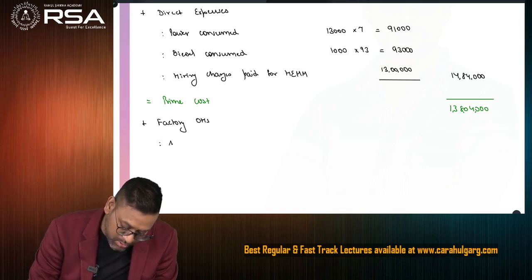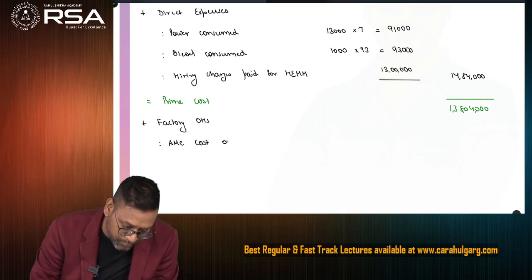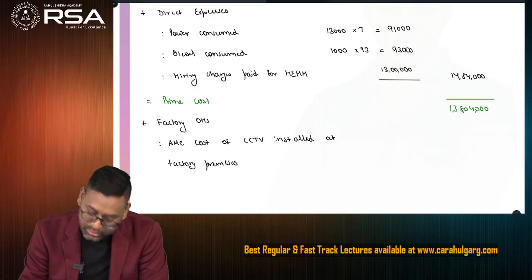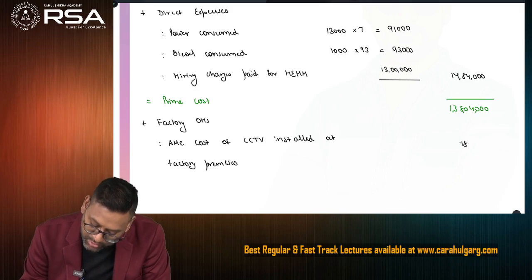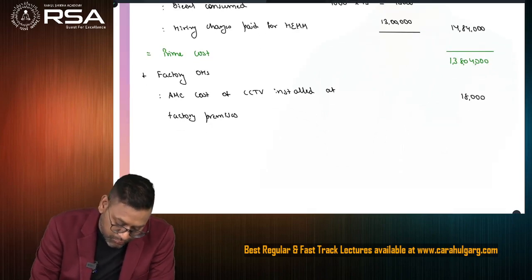There was AMC cost of CCTV installed at factory premises, rupees 18,000. That was the only factory overhead cost given in the question. You add it up, it becomes the factory cost.